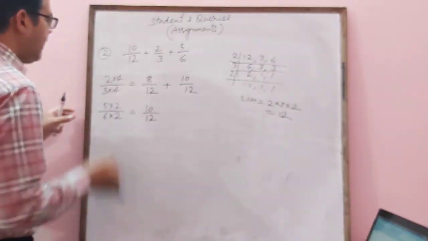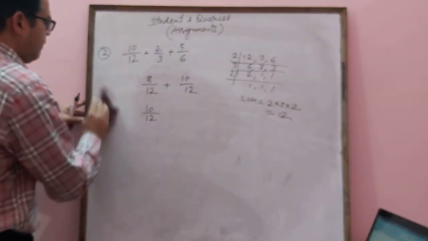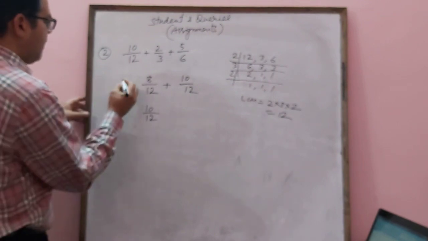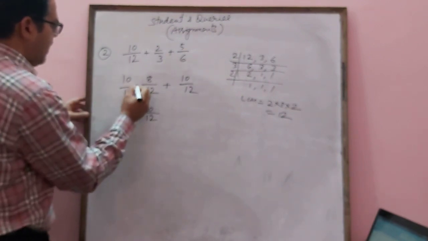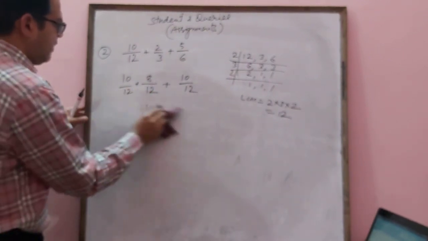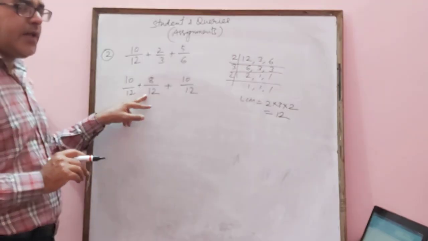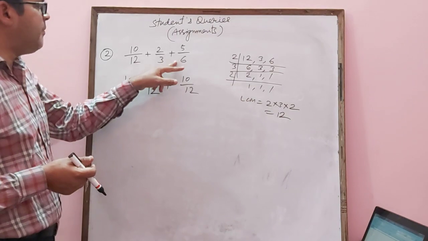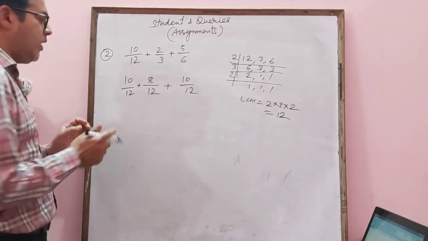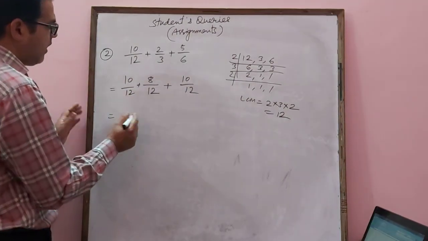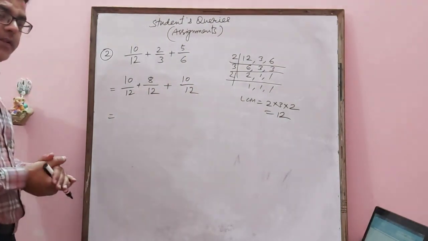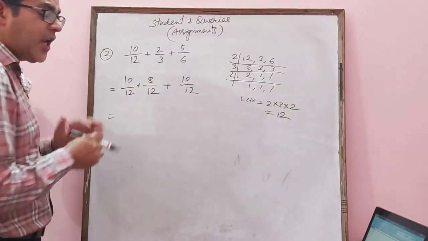Right? And this 10 by 12, we can write as it is. Hope you understand. 2 upon 3, we can write 8 by 12. Just before I discussed, 5 by 6, we can write 10 by 12. Now you can see here all denominators are the same, means all are like fractions.